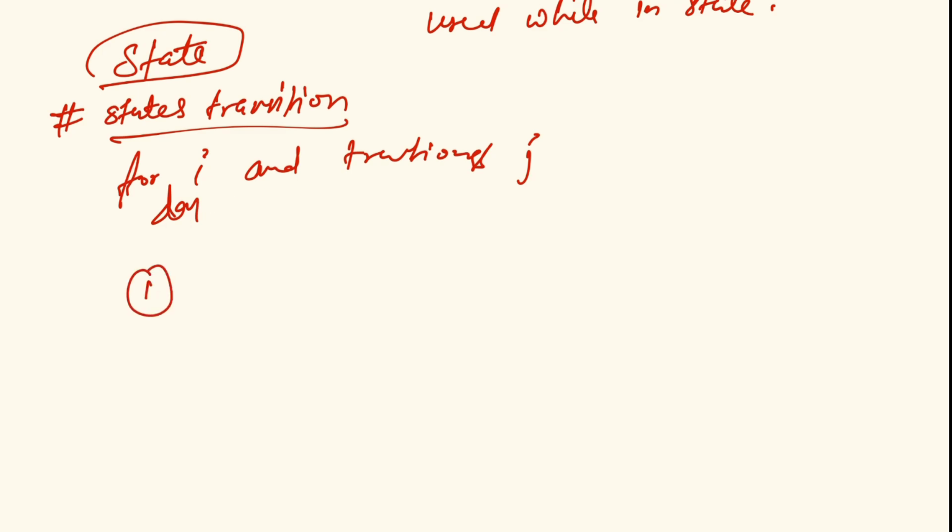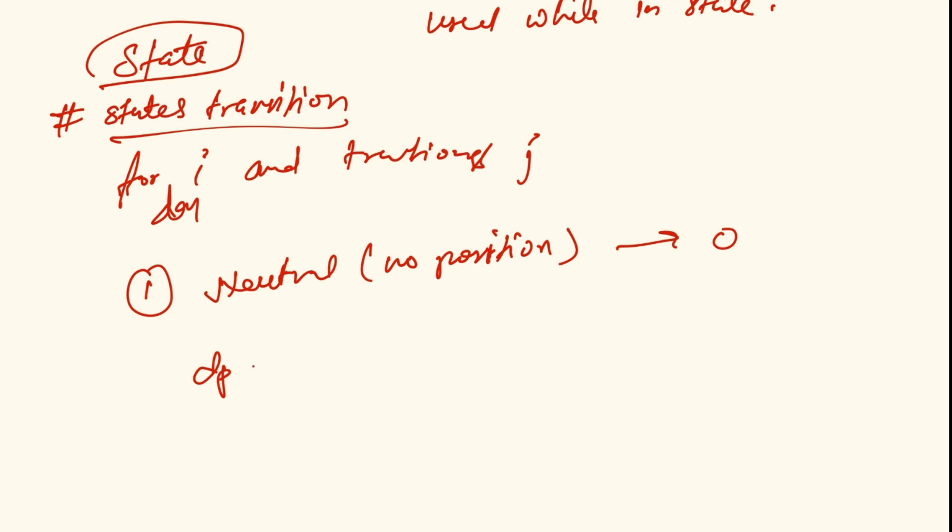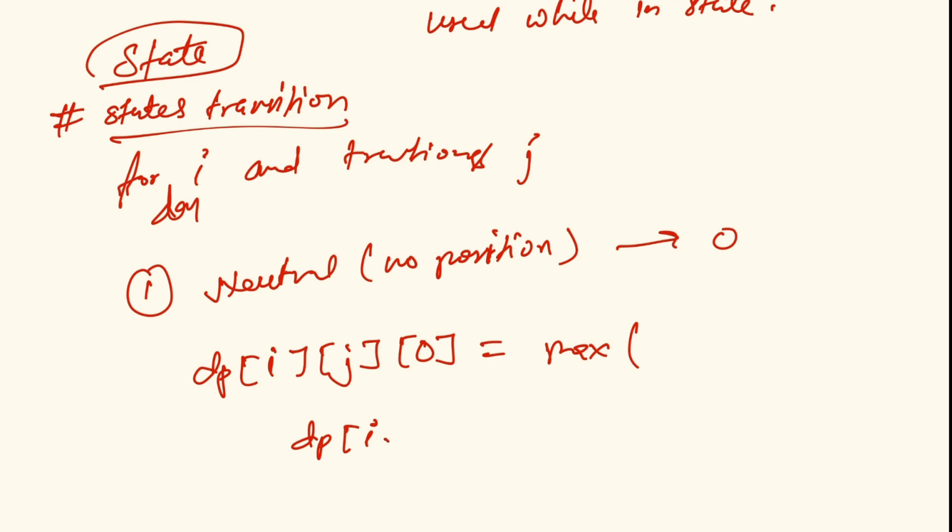Very first is the neutral state, where we don't have anything; neutral means no position, that is 0. Here, dp at I, j, 0 will be the max of a few things. We pass dp at I minus 1, j, 0. Here we are not doing anything, so we do nothing.